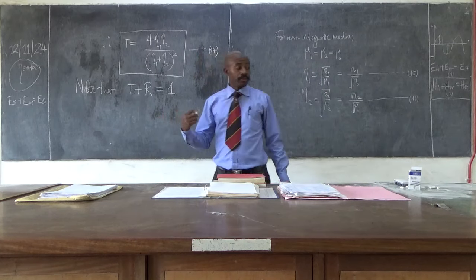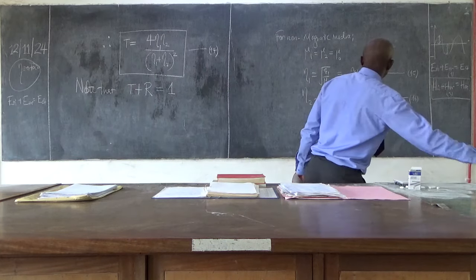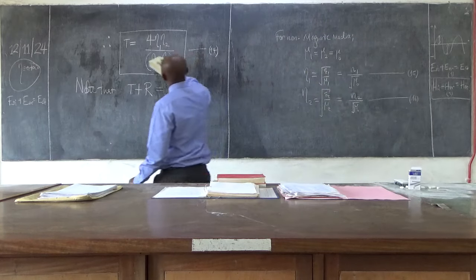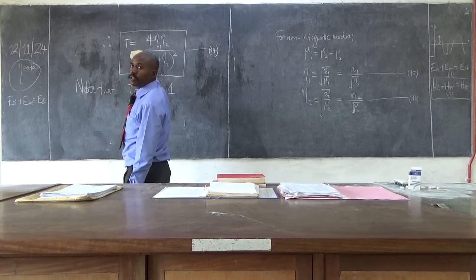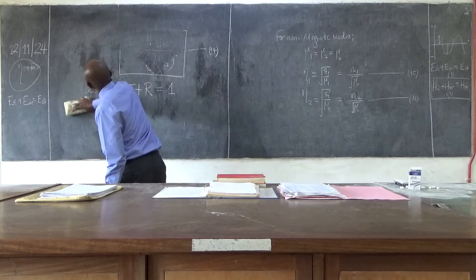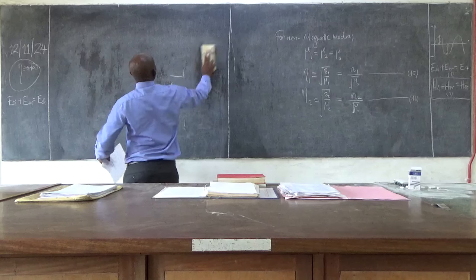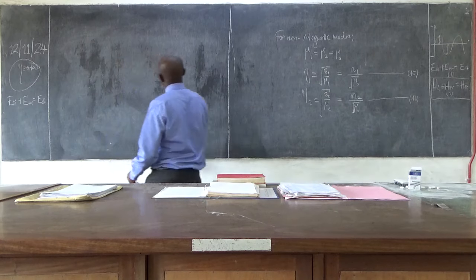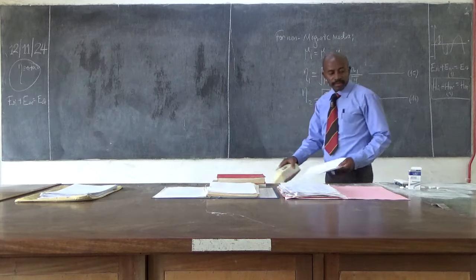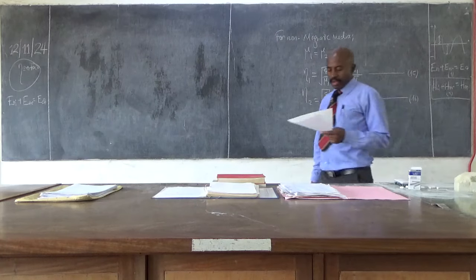So if we use equations 15 and 16, now we can get new expressions for R and T, depending on what they chose to give us, whether they chose to give us the conductivities and permeability or the refractive indices of the media.